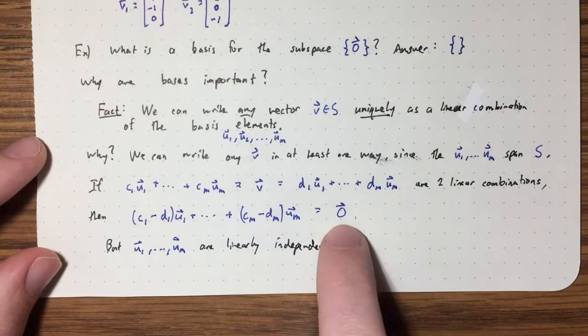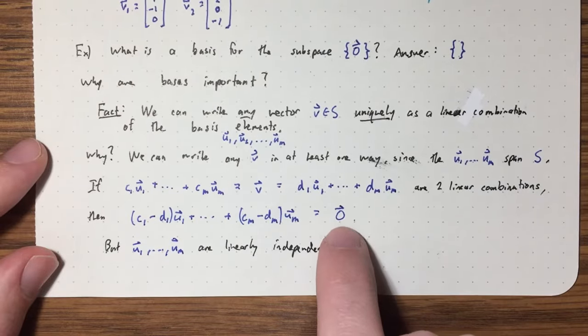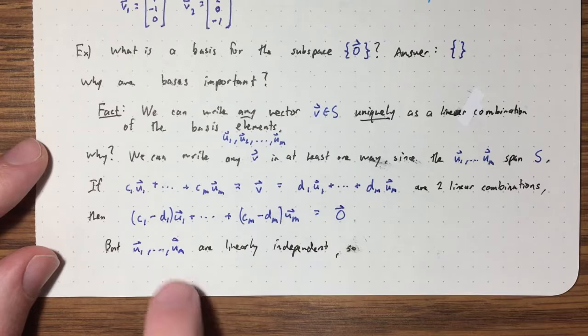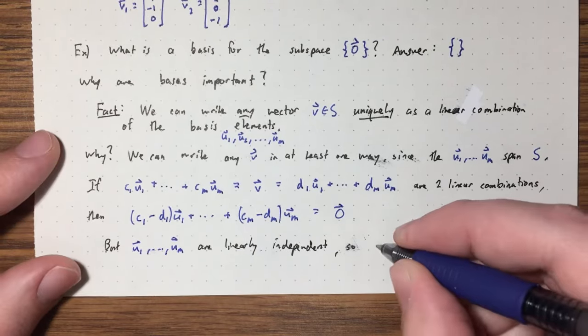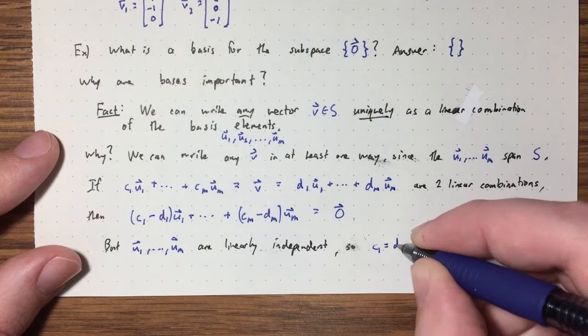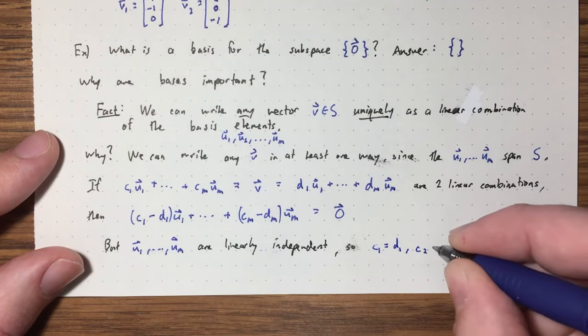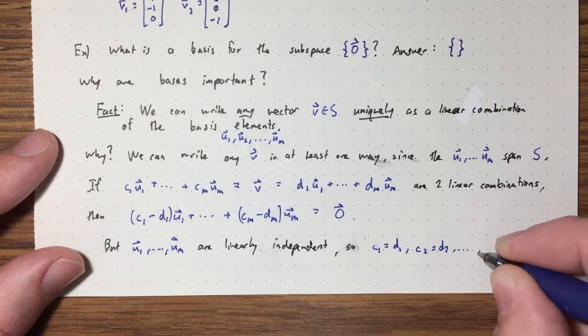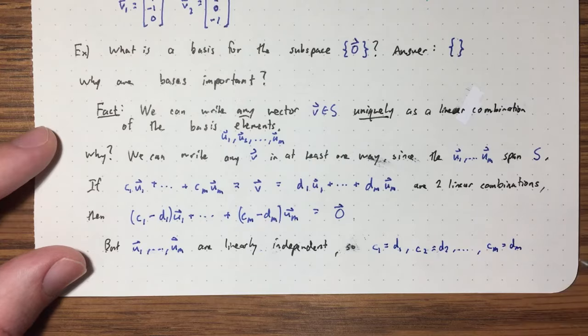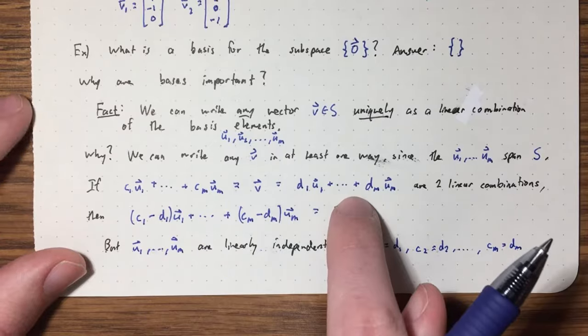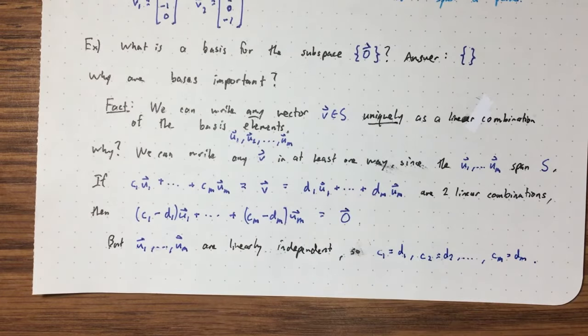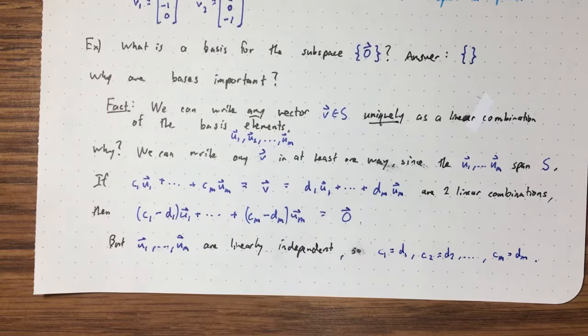Because linear independence, by definition, says that the only way I can write the 0 vector as a linear combination is if all the scalars are 0. Okay, so c1 minus d1 has to be 0, which means c1 is d1. c2 minus d2 has to be 0, which means c2 equals d2, all the way up to cm equals dm. So what did we just prove? Well, we proved that these were both the exact same linear combination to start with. So if we assume we can write it as two different linear combinations, well, oops, turns out they're both the same linear combination. So there's actually only one way to write every vector as a linear combination of the basis elements.